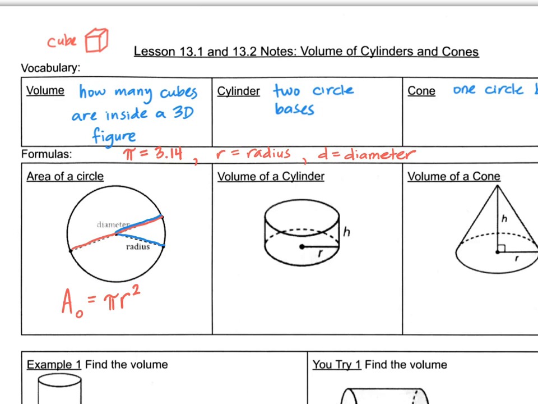The volume of a cylinder is going to use the area of a circle. So what I want you to imagine is we have this circle down here at the bottom, outlining it in blue. We're going to find the area of that circle. So the volume equals the area of the circle, pi times r squared.